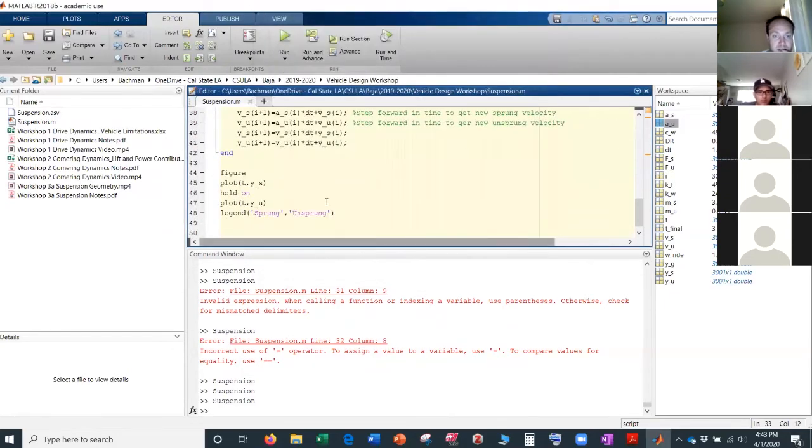And then let's look at our response in inches. This y divided by 12. How do you put an X label on again? X label? Y label?